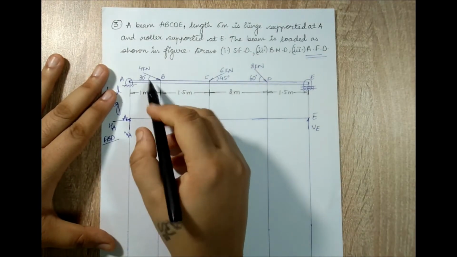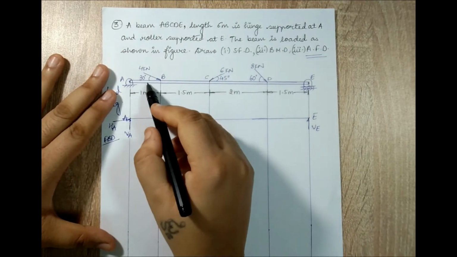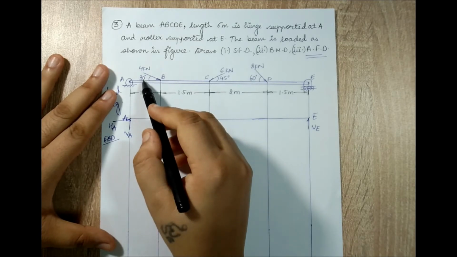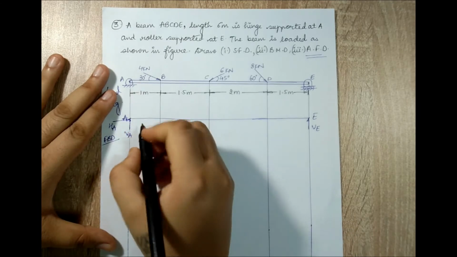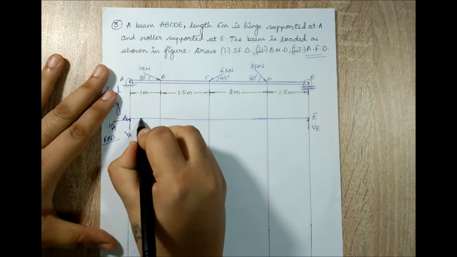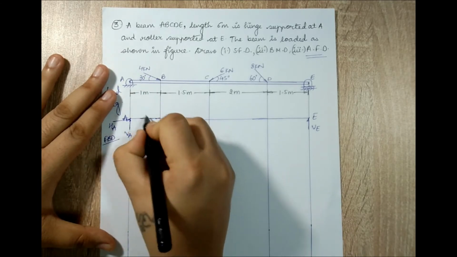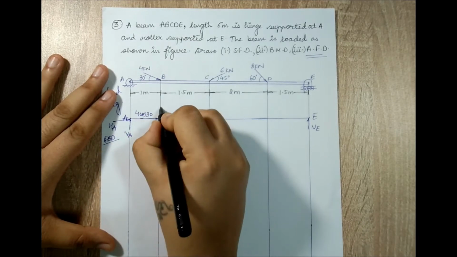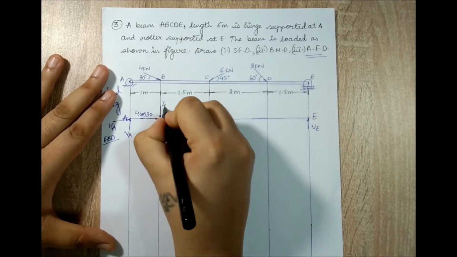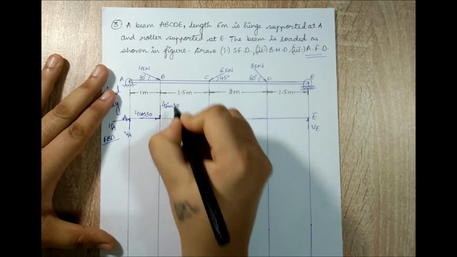At point B, there is an inclined force. So this I am going to resolve as 4 cos theta and 4 sin theta. So the force along the angle forms 4 cos 30 and in the vertical direction it will be 4 sin 30.